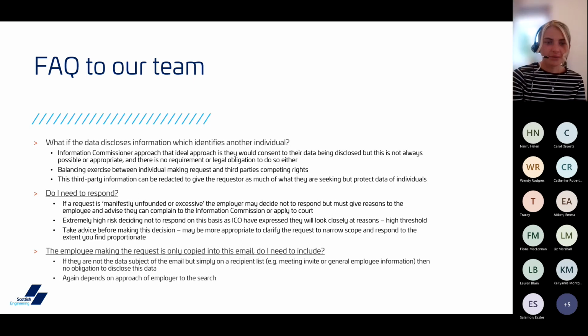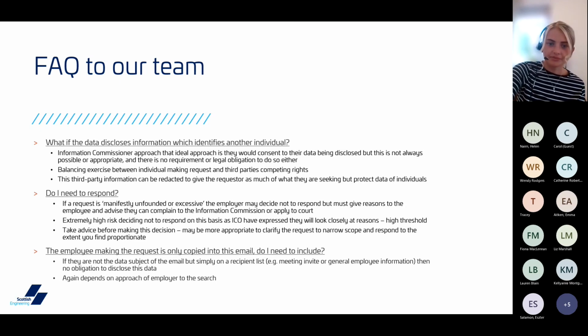So the first question that we get asked a lot is, what if the data discloses information that identifies another individual? So the Information Commissioner's guidance on this, but important to note, this isn't a legal obligation or a requirement, is that the ideal approach is that you would ask for their consent for their personal data being disclosed.